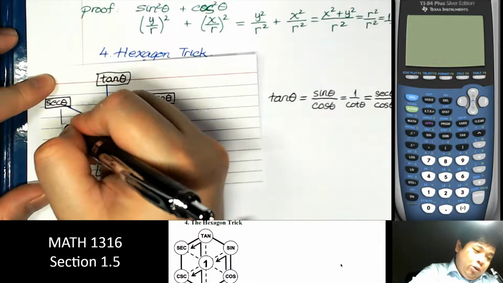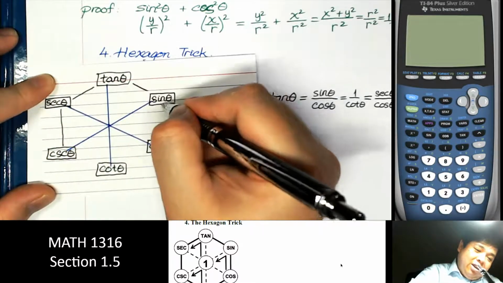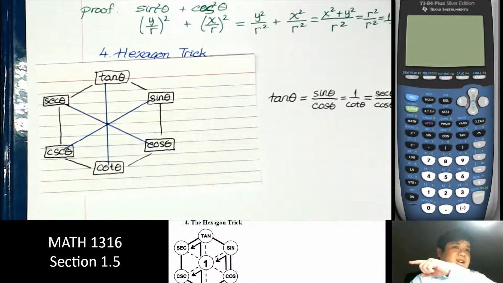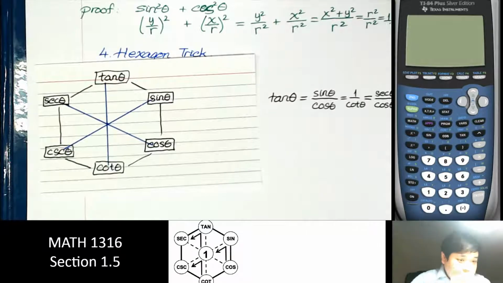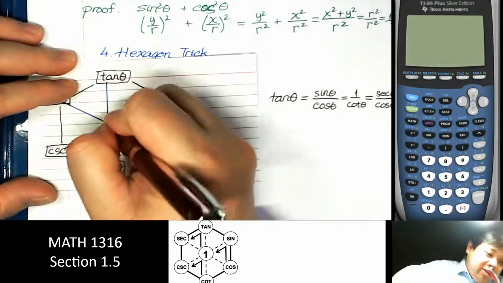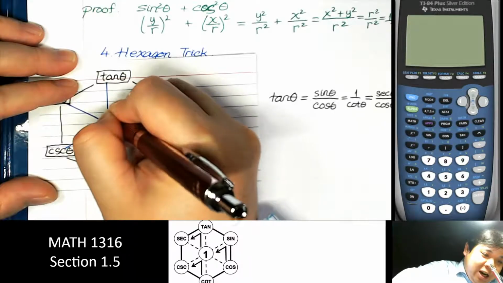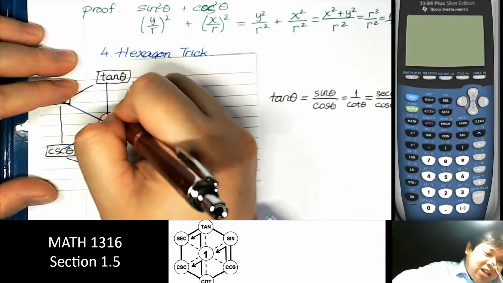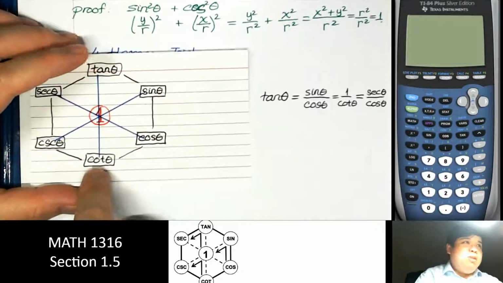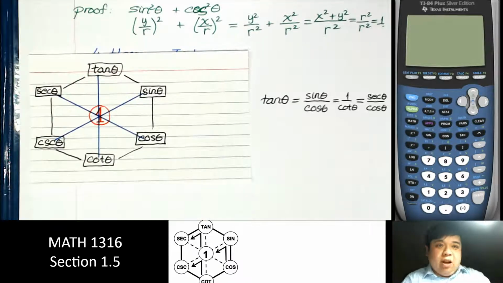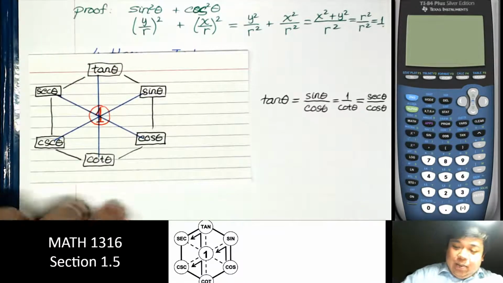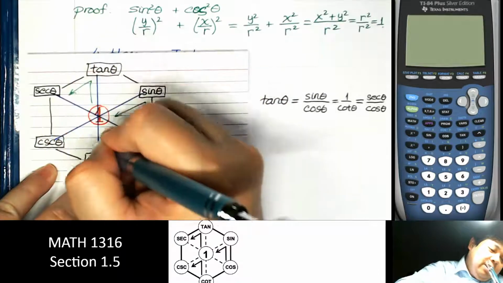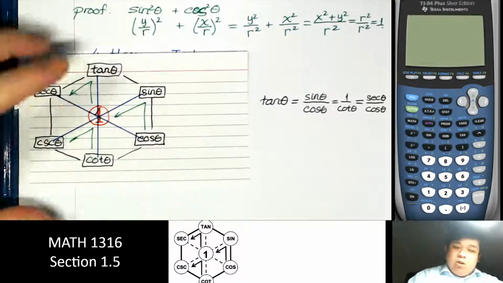Then we can connect it to have a hexagon. It's much better on the note card. And then we have 1 in the middle. This is called the hexagon trick. You can search it online. However, they don't draw the nice picture as I have here on the note. And then the pattern: up to the left, up to the left, and up to the left.